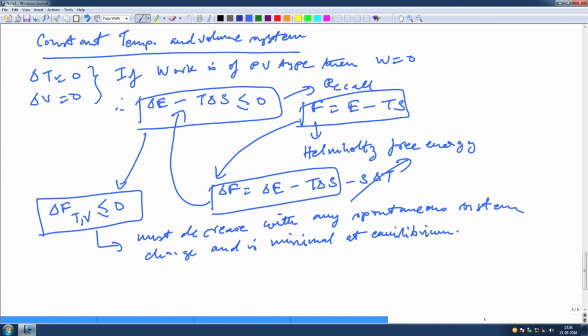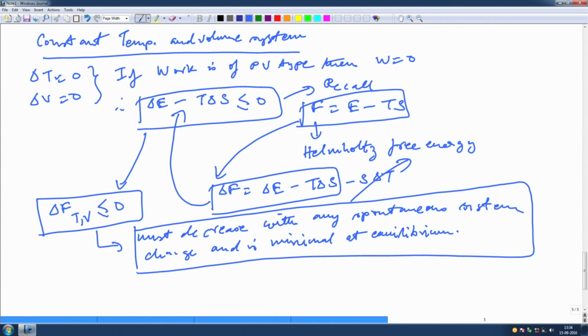Okay. So, that shows the Helmholtz free energy must decrease for a constant temperature and a constant volume kind of a system, and this we have just used the first and the second law of thermodynamics for this, right.